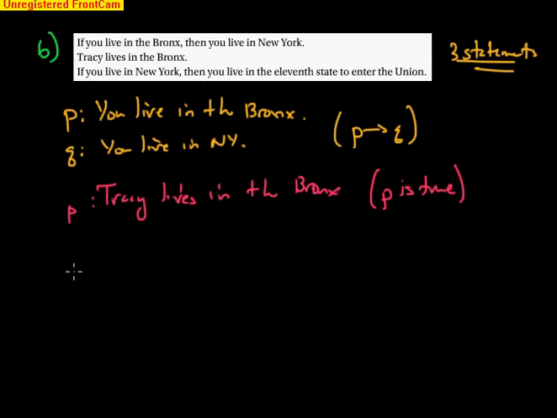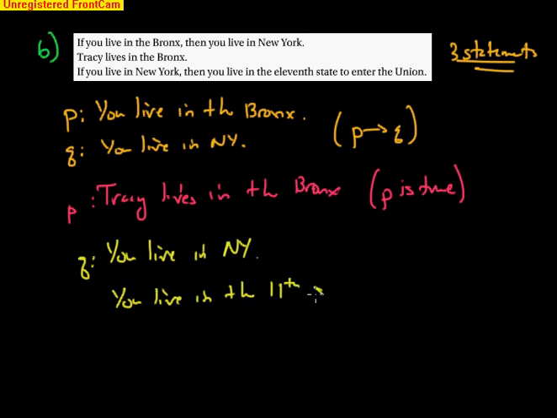And now let's go to the third statement. The third statement is a conditional. You live in New York. Is that somewhere up there? Yeah, it's Q again. Then the last conclusion, you live in the 11th state to enter the Union.